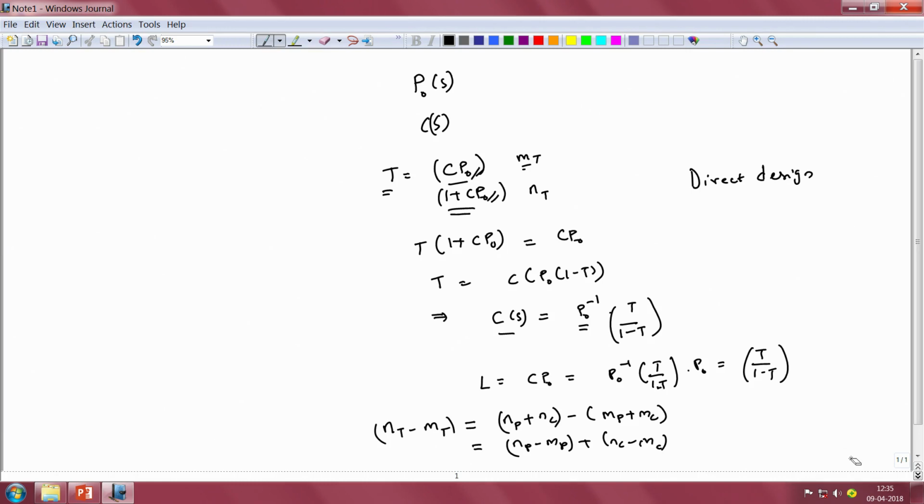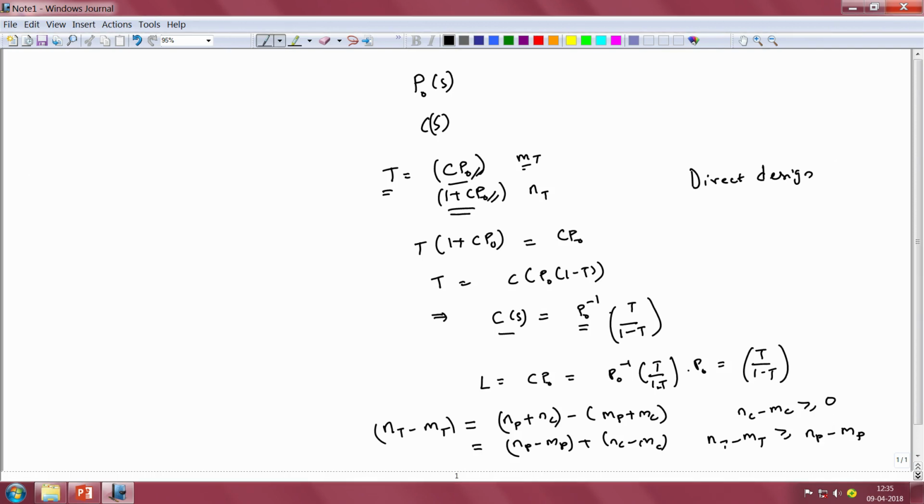Since each of these systems has to be physically realizable, we want the relative degree of the controller, namely nc minus mc, to be greater than or equal to 0. And what this implies is that nt minus mt, which is the relative degree of the overall closed loop system, should be greater than or equal to np minus mp, which is the relative degree of the plant.